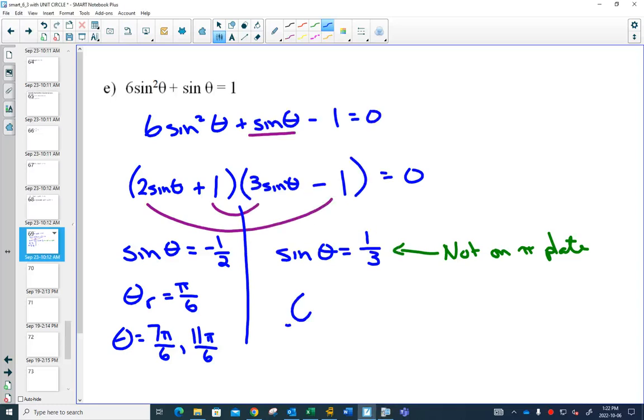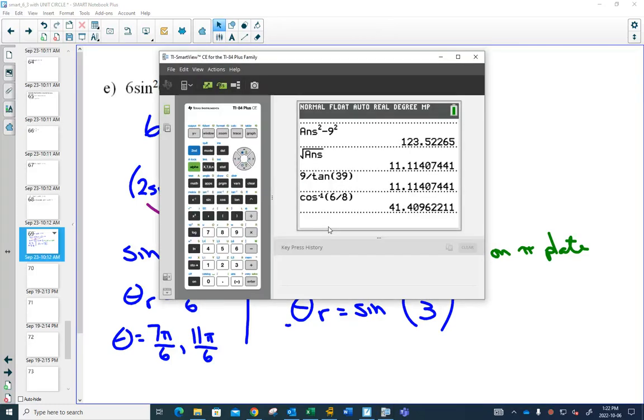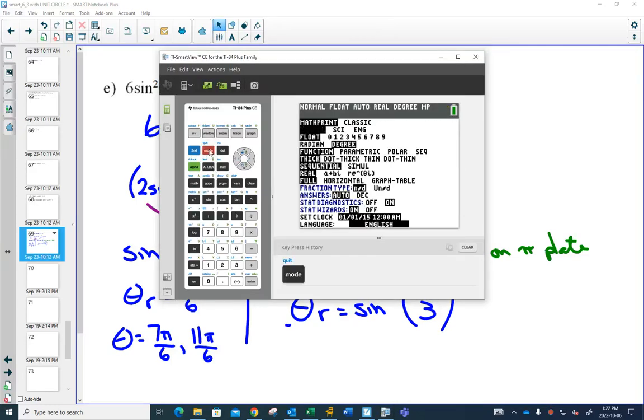Then you need to find your reference angle. You find your reference angle by doing sine inverse of 1/3. Reference angles are always positive. So I'll hit my mode button, make sure that I'm in radians.